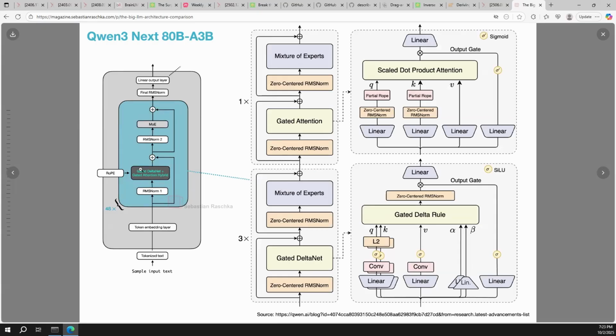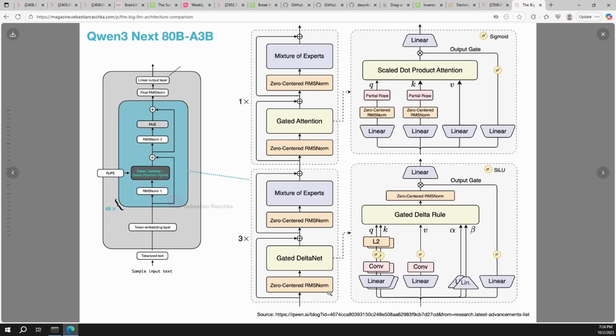So here's where you normally have regular attention. And this gated delta net controls this whole business over here on the right.